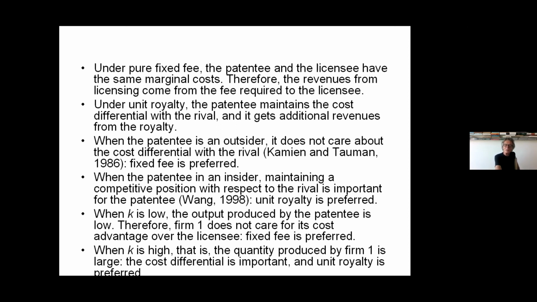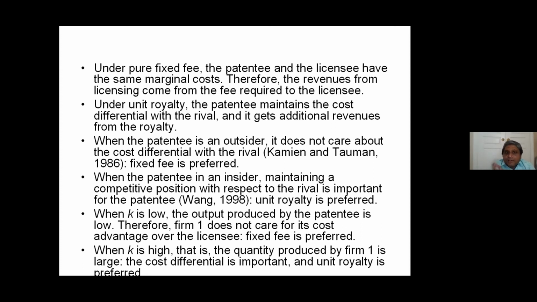But the basic idea that a fixed fee is good in some cases, for an outsider, and royalty with an insider, are those results robust to incomplete information and uncertainty, or not? Not always. Even for an outsider innovator, a fixed fee is not uniformly superior.